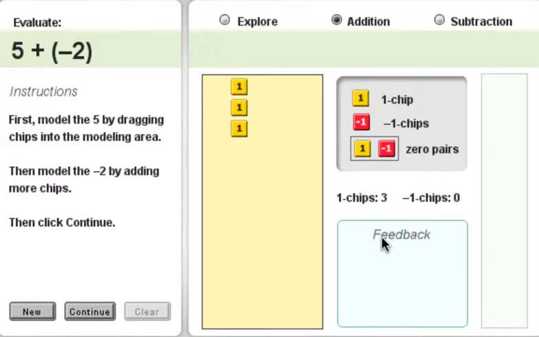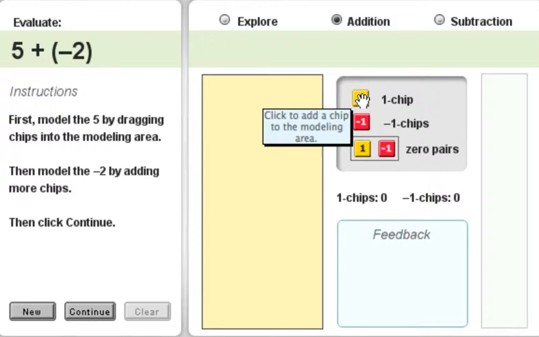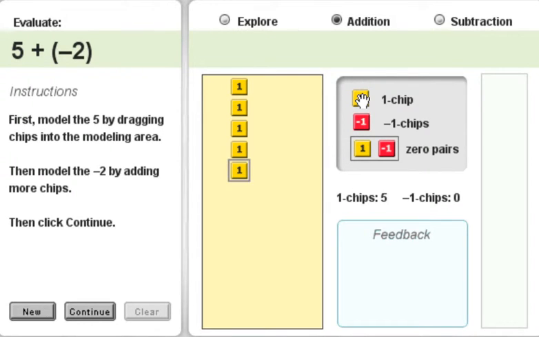What other type of operation using these numbers would give you the same result? We did 5 plus negative 2. What else would give you 3 as an answer? Well, what if we had 5 minus 2?